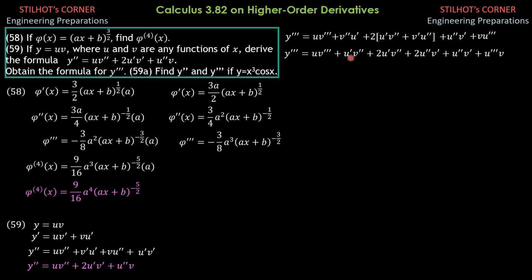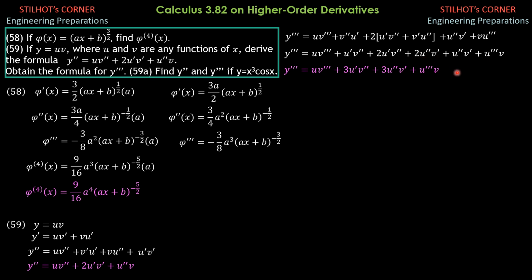Combined, that would be 3u prime v double prime. And the fourth and the fifth terms are also like terms. Combining, we have 3u double prime v prime. So therefore, y triple prime is u v triple prime plus 3u prime v double prime plus 3u double prime v prime plus u triple prime v.